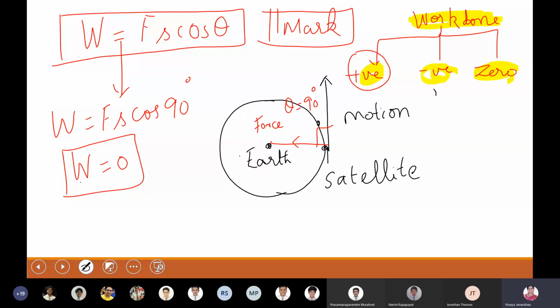Suppose, I think in 9th grade, you have heard about this. A person lifts a box or a luggage and he tries to walk along the road. Are you clear, boys? He's lifting, say, a wooden block, and then he starts moving. The person lifts a wooden block, so the direction of the force is acting upward.